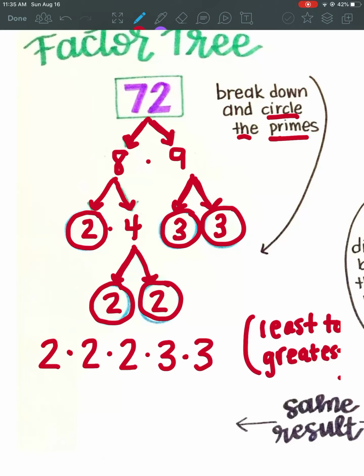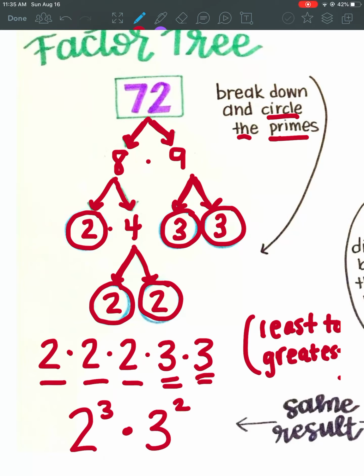Now, we're going to write these with exponents. We have 1, 2, 3 2's, so we're going to write this as 2 cubed. All right, 3 2's. 2 cubed means 2 times 2 times 2. And then we have 2 3's that are the same, so we can write this as 3 squared, 3 times 3.